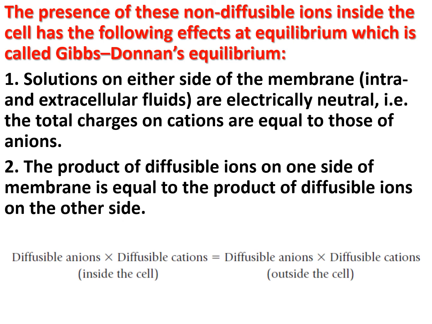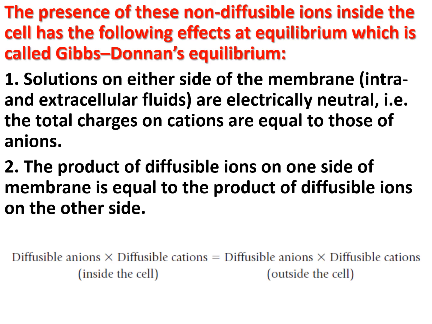The presence of these non-diffusible ions inside the cell has certain effects at equilibrium, which is known as Gibbs-Donnan equilibrium. First, the solutions on either side of the membrane, meaning intracellular and extracellular fluid, are electrically neutral, and the total charges on the cations are equal to those of the anions.